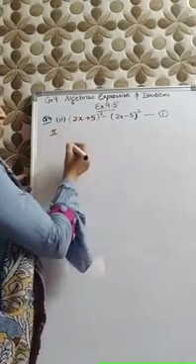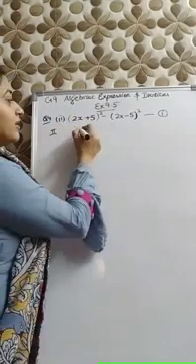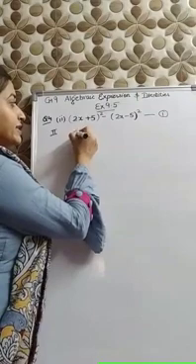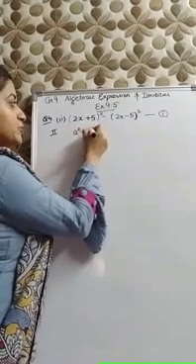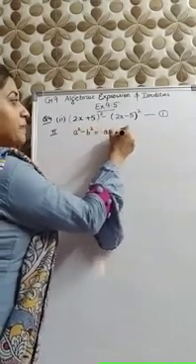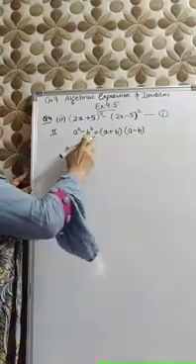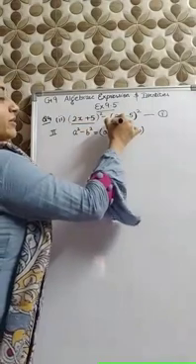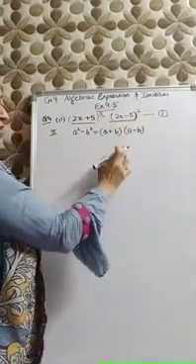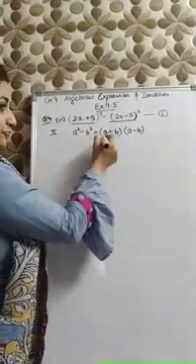Now let's start with the second method of this question. In the second method we are using the third identity, that is a square minus b square equals (a plus b) into (a minus b). This is your a square, this is your b square. So let's put the values directly in the right hand side.